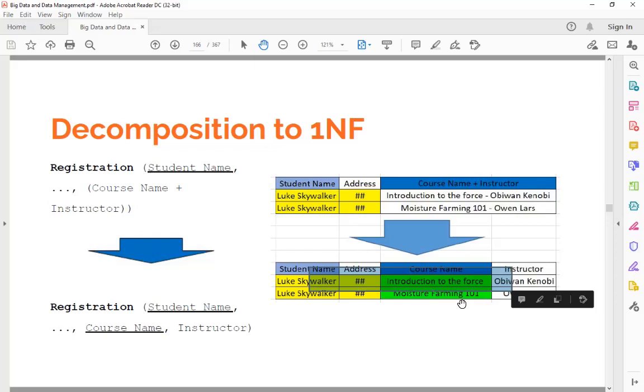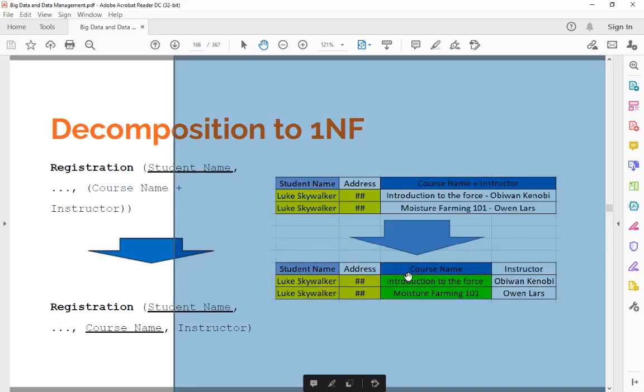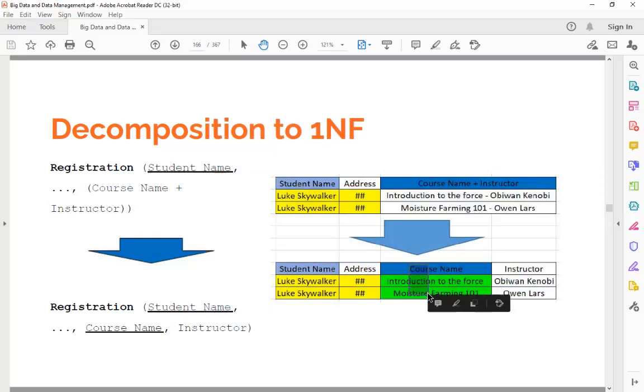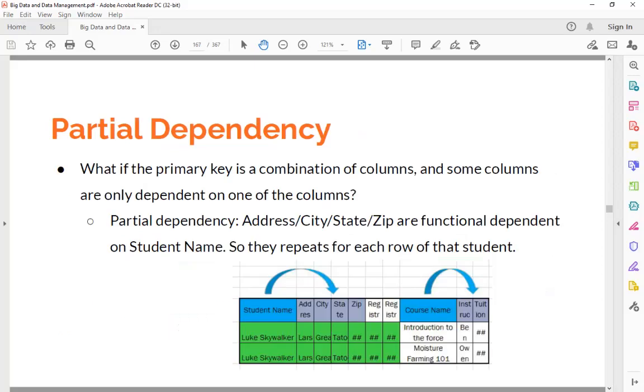The new primary key will be the primary key of the original table and possibly the primary key of the broken up columns, if there's any dependency. So this is how you achieve first normal form.